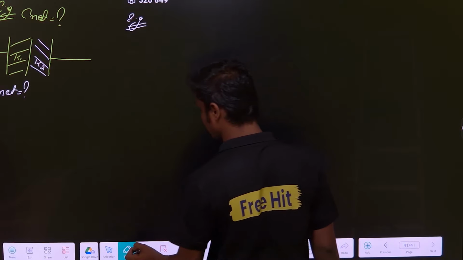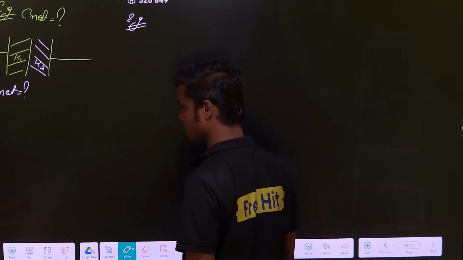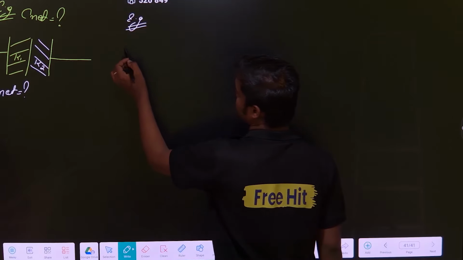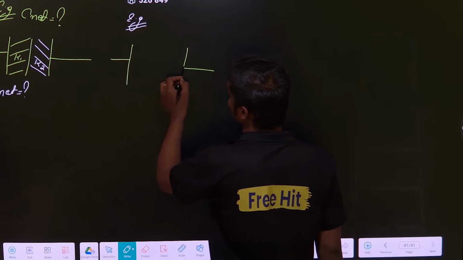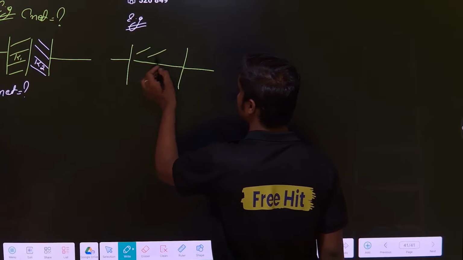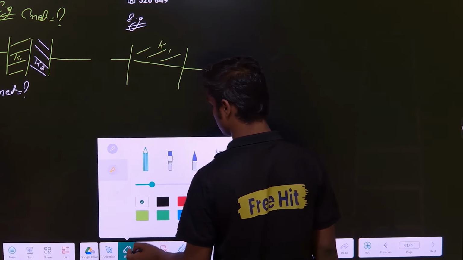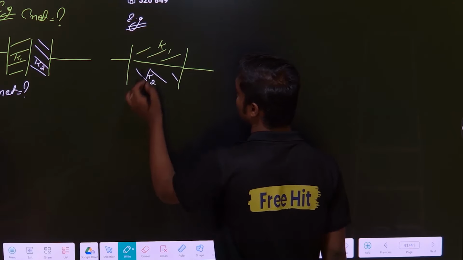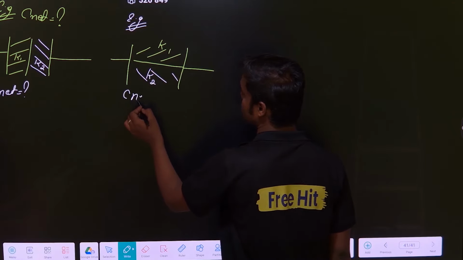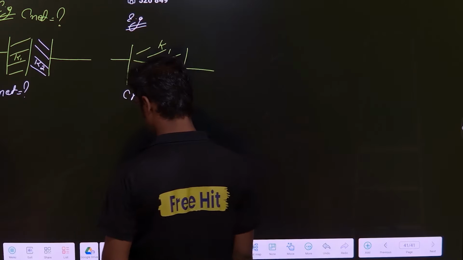And my second example. Solve it, solve it. Tell me what is the C net for this. Suppose this is K1. This is filled with K2. Again my same question, what is C net? Okay. Clear?